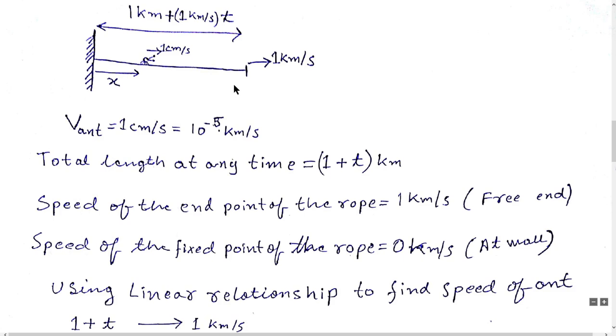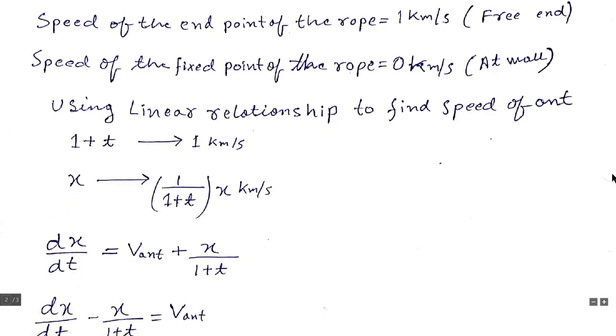It is a very simple concept. The free end has a higher velocity, and the tied end has zero velocity, so there must be a linear decrease of velocity.